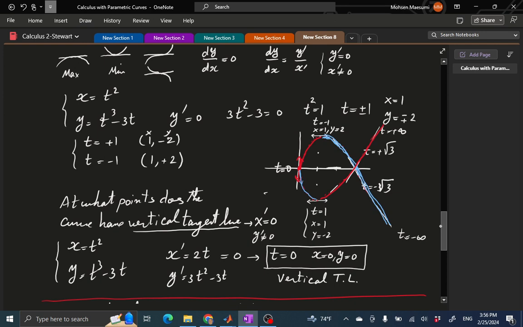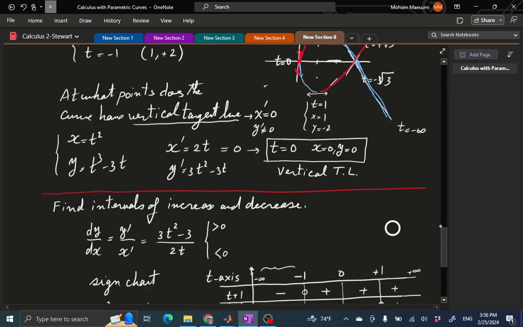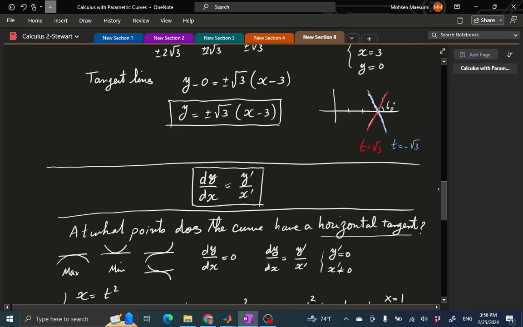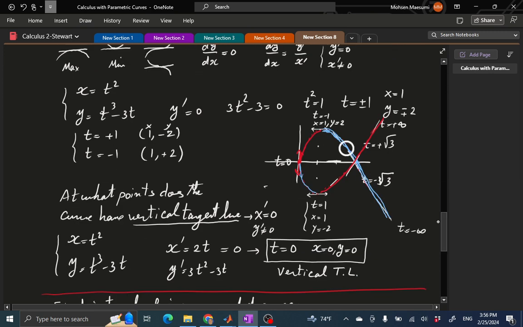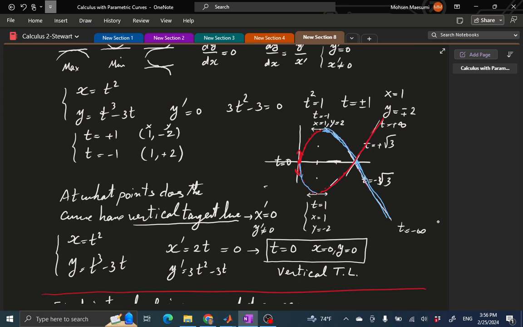Well, because when t is moving from minus infinity to plus infinity, in this movement, we are going from right to left. As t is going from minus infinity to plus infinity, for half of that road, we are making from right to left movement. So what would have been considered a minimum, now it's going to show up as a maximum.